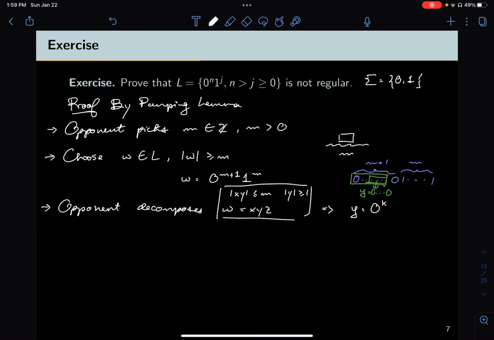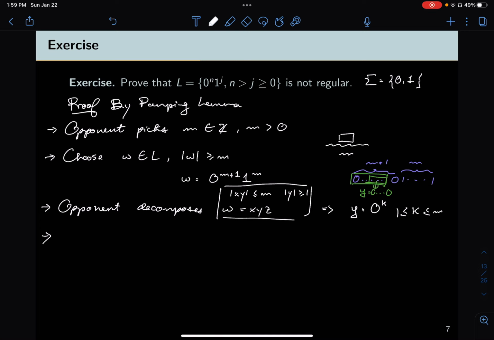So my opponent decomposes the string, and however they decompose it, we know that y is equal to 0^k, where k from this condition has to be at least 1 and at most m. Okay, and now we need to pump.